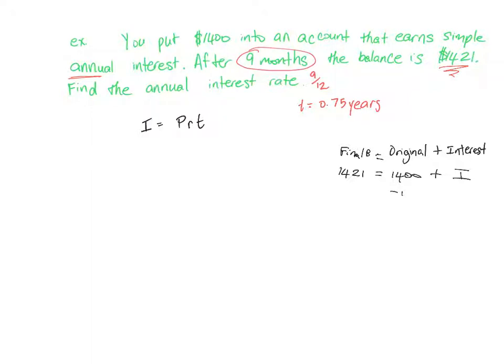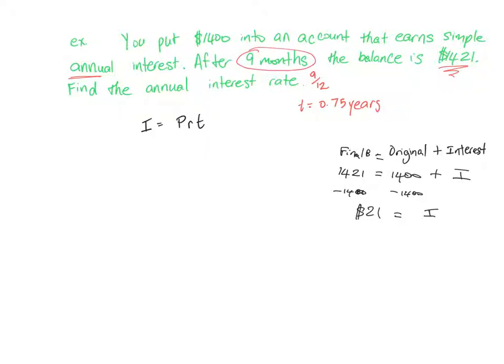You have to just solve for interest, which is kind of easy in this particular case. And so the interest, that extra amount, the amount that the account grew, is $21. Now I made it look like a crazy formula, a crazy thing. It's actually not. If you think about it, just looking at the original question here, you put 1400 in, you end up with 1421. That is just 21 extra. All right, so now we know what the interest is.